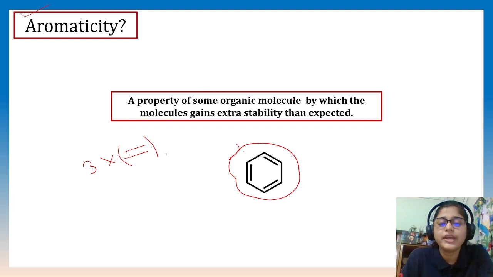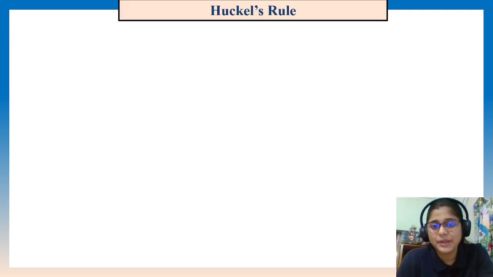So how can we actually find out which will be aromatic or not? Now we are coming to the Huckel rule. Huckel was a scientist, he did some experiments and came to a conclusion, and Huckel's rule is very important to identify aromatic compounds.